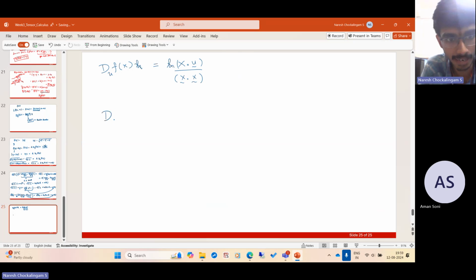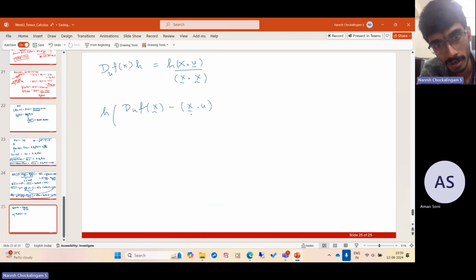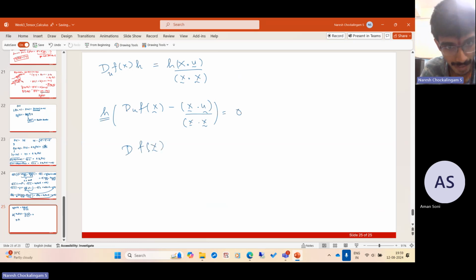If you find it uncomfortable, you can take it to the same side. You get h times du f of x minus x dot u by x dot x is equal to 0. This should hold for all h, irrespective of what h is. Therefore, the directional derivative of f of x in the direction u is x dot u by x dot x.